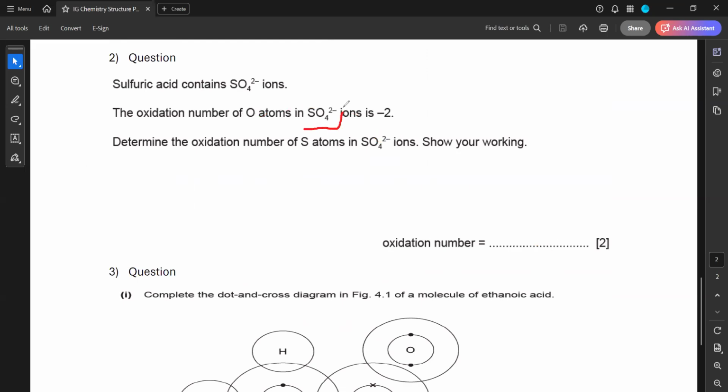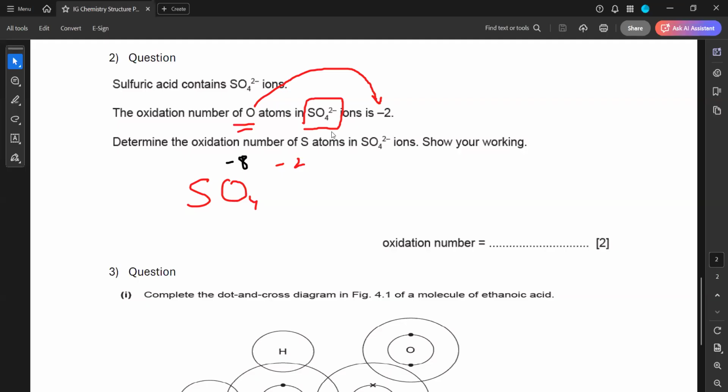The total charge on a sulfate is -2. Like sulfur with 4 oxygen, the net charge is 2 minus, or -2 you can also say. Now, they mentioned the oxidation number or the charge of oxygen is -2. So if one oxygen is -2, there are 4 of them. So what is the total charge on 4 oxygen? It will be -8 because each is -2.